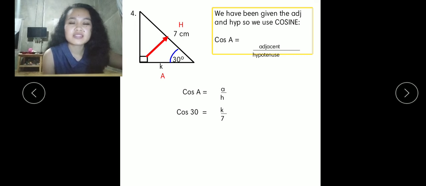So what we have is cosine 30 is equal to k over 7. Then cross multiply, cosine 30 times 7, and it yields 6.1 centimeter. So k is equal to 6.1 centimeter.